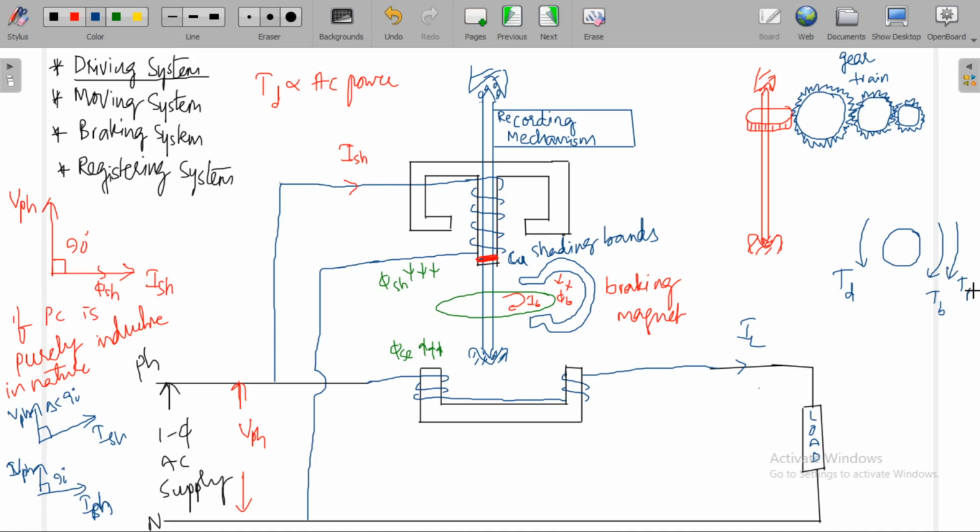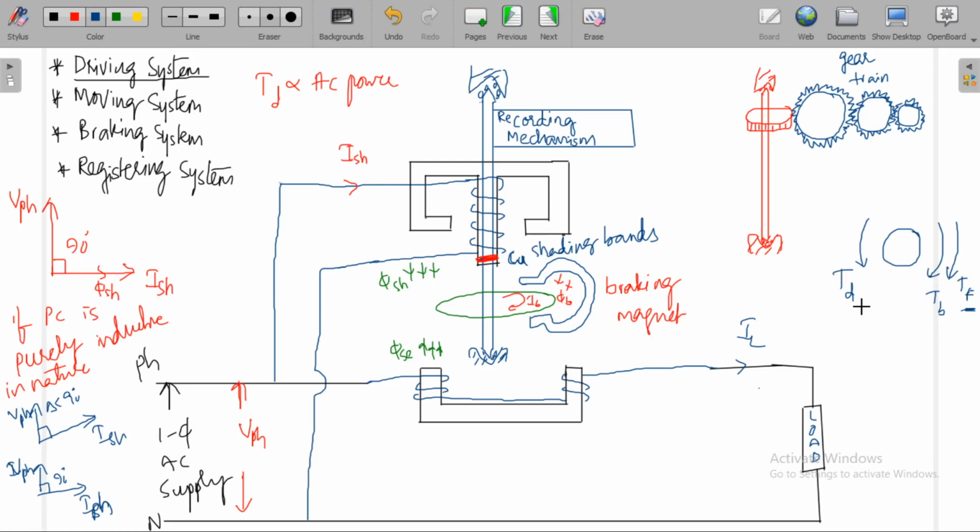This is TF, the frictional torque, the torque due to frictional forces. It is in the direction of TB only, as it opposes the motion of the disc. So in addition to TB, the additional opposing torque is the frictional torque.